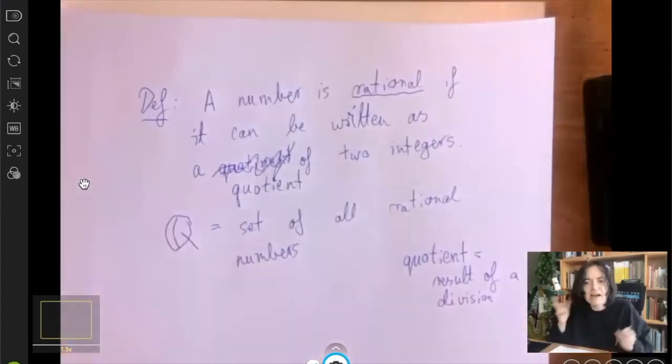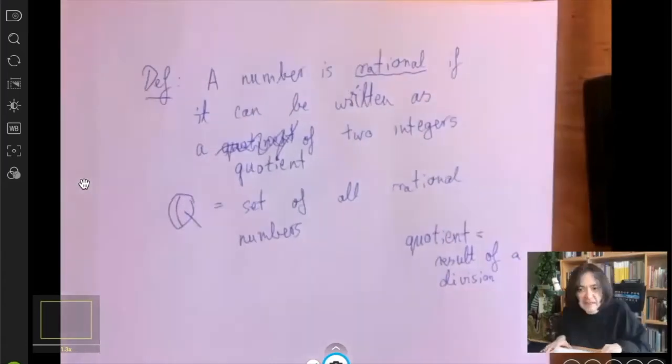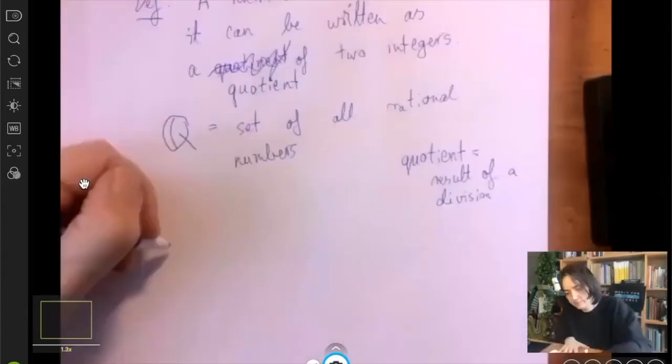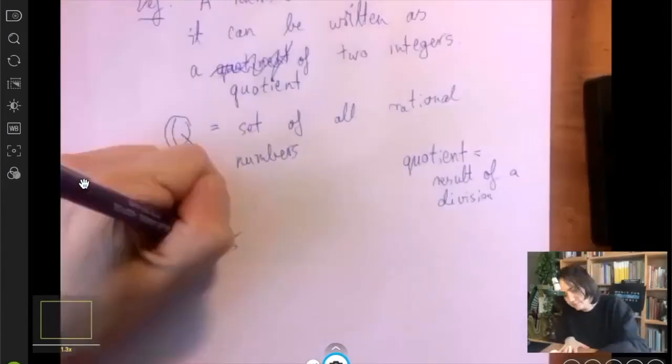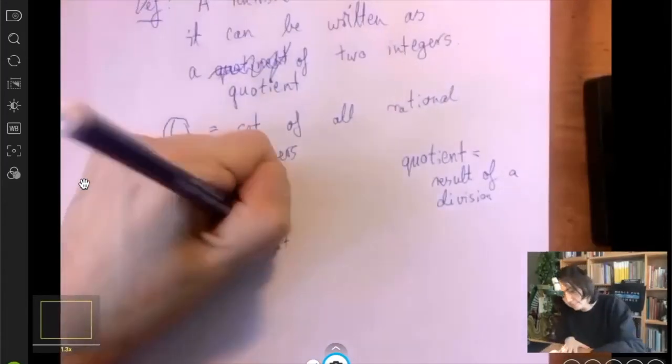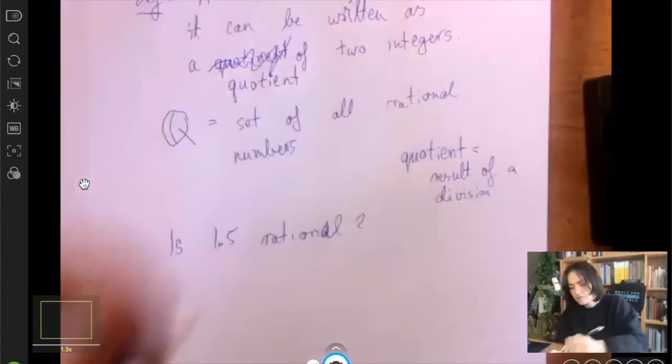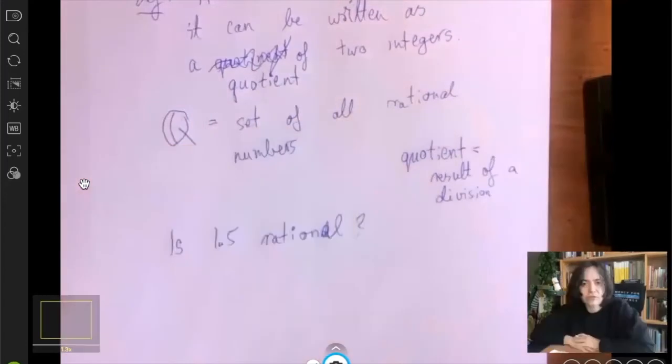So for example, 1.5. That's not an integer. Can we write 1.5 as an integer divided by an integer? No. So is 1.5 rational? Yes. Convince me.